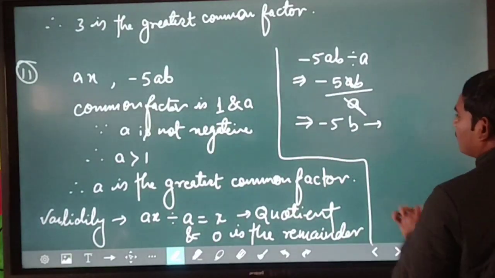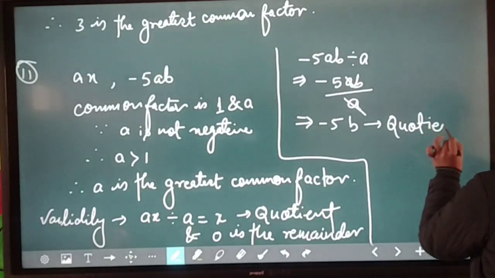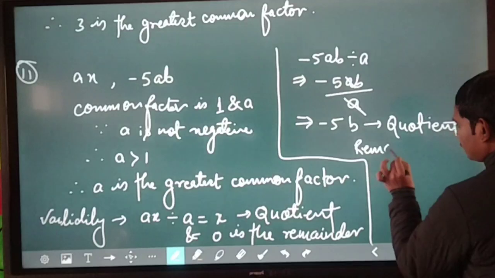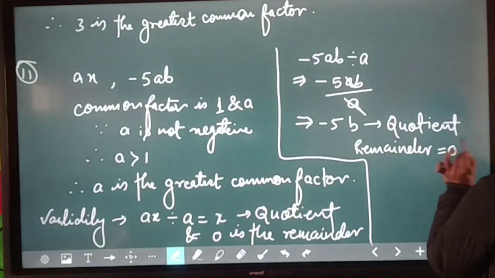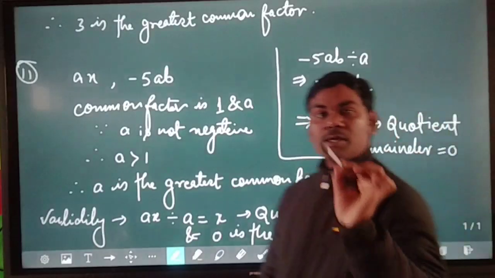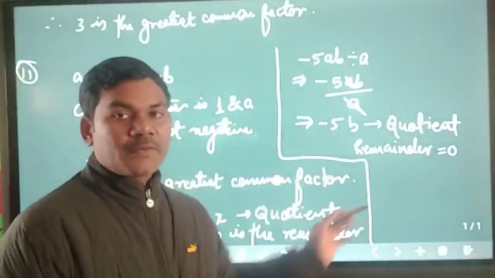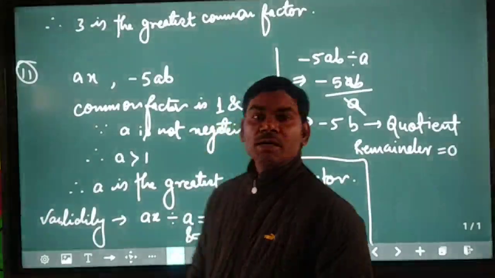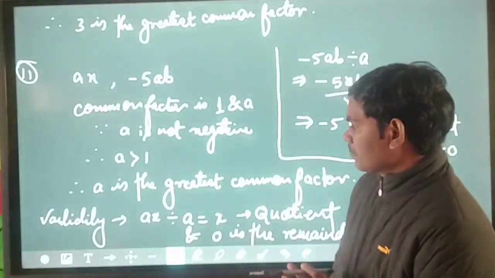This minus 5b is the quotient, and the remainder is 0. Therefore a is also a factor of minus 5ab. So in this way we can say that a is the greatest common factor. I hope it is clear.